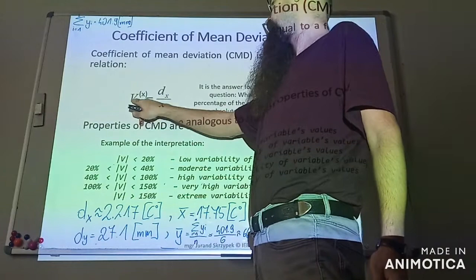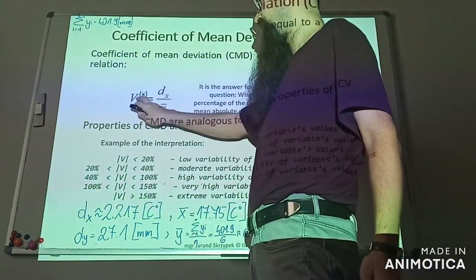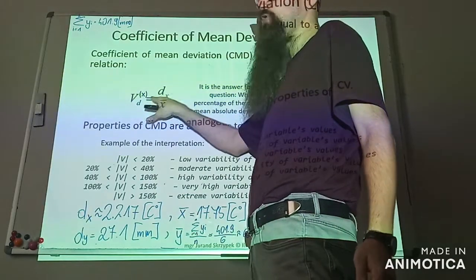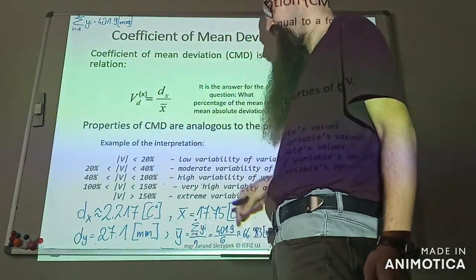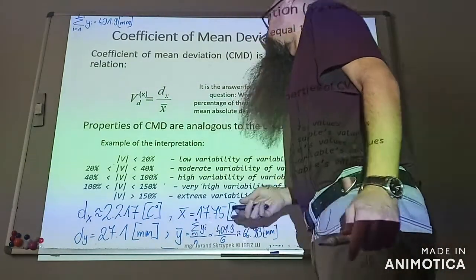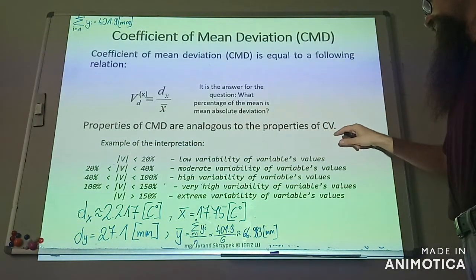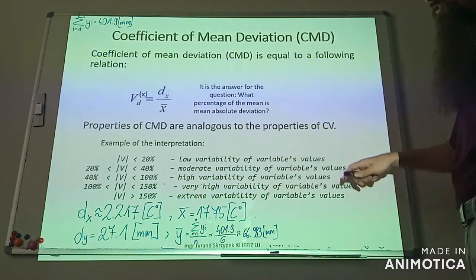So the coefficient of mean absolute deviation can be denoted by the symbol V with D. D indicates the measure that has been used in the construction of this measure. And the properties of CMD are analogous to the properties of the coefficient of variation.